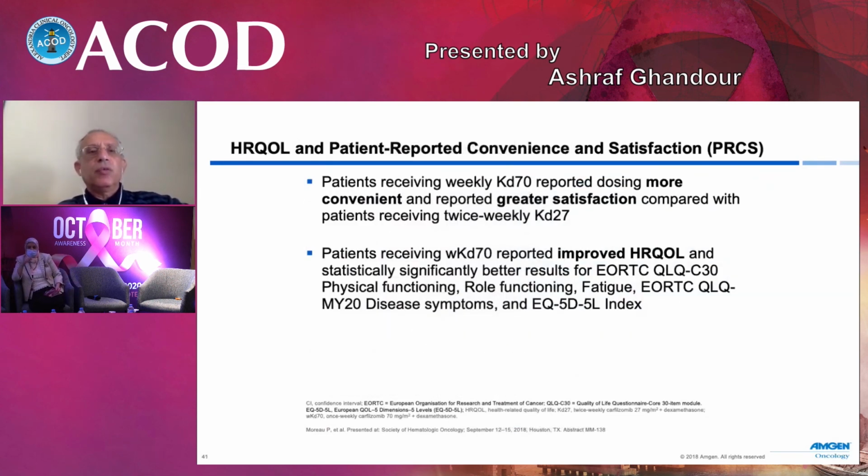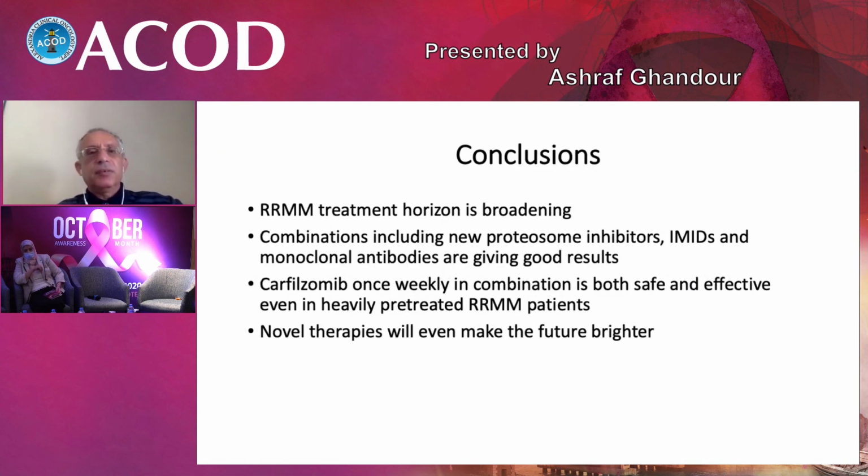Overall, in quality of life, patients receiving weekly KD 70 mg reported dosing more convenient and greater satisfaction compared with patients receiving twice weekly, especially in the era of COVID, when we need to decrease exposure. They reported improved quality of life and statistically significant better results in quality of life studies.